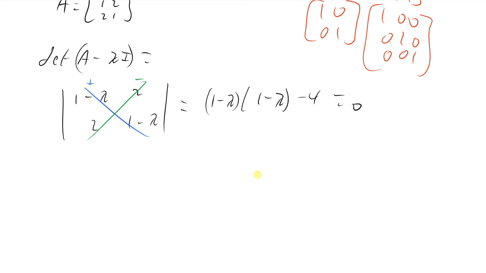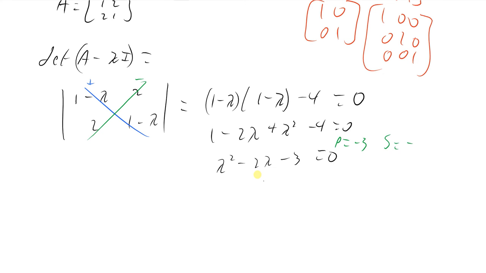So we want to solve that, and this is just algebra now. We have 1 minus 2 lambda plus lambda squared minus 4 equals 0. So lambda squared minus 2 lambda minus 3 equals 0. Our product is -3 and our sum is -2.